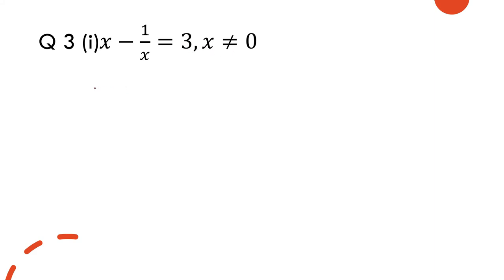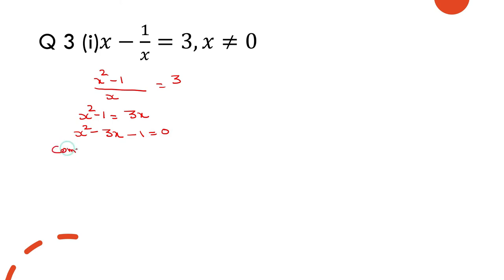For this we will take LCM first. x यहाँ आ गया, x square minus 1 is equal to 3. Now cross multiplying, x square minus 1 is equal to 3x. Now change it into standard form. We can write it as x square minus 3x minus 1 is equal to 0.